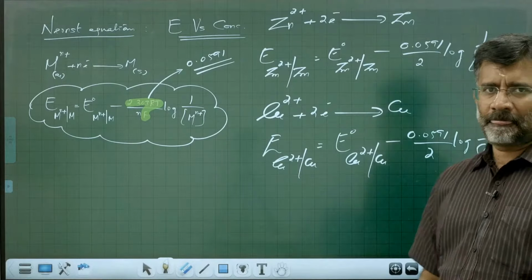Now applying both together, you can find the Nernst equation for the cell reaction. How do we get the Nernst equation for the cell? We know E cell is equal to E cathode minus E anode, and this is the cathode and this is the anode.